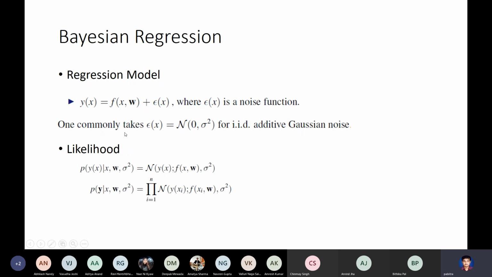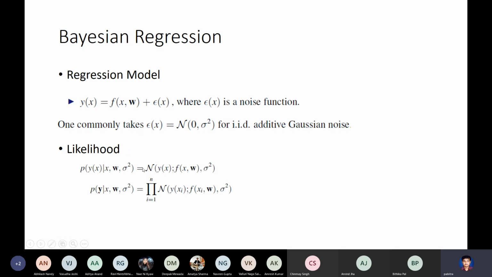We have already done this before. Let us quickly mention it again. You see the likelihood of a single y given an input value x, given a value of w, and given a value of the noise parameter sigma square. The likelihood probability p of y given x, w, and sigma square, you can derive easily from this. It is a normal distribution.